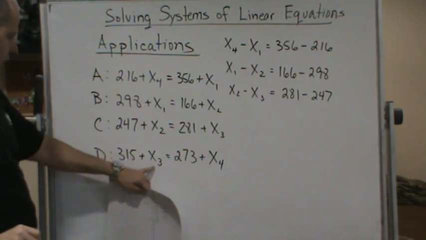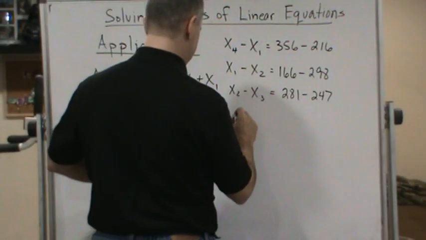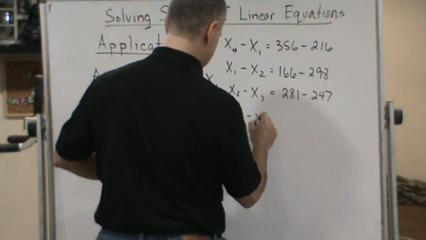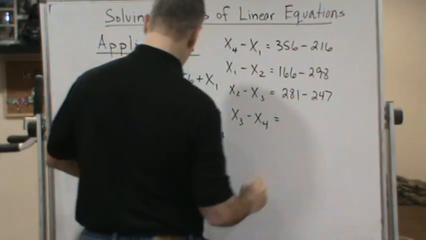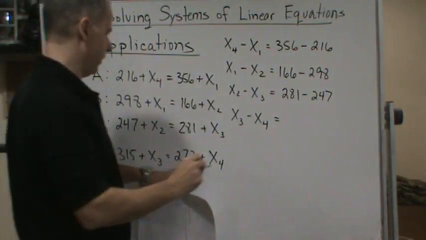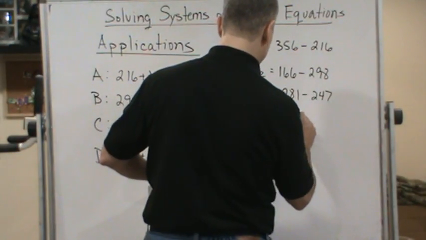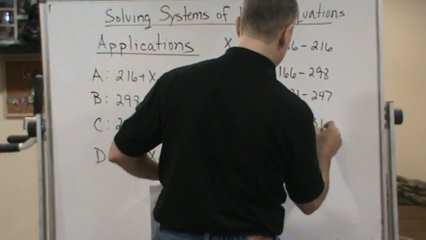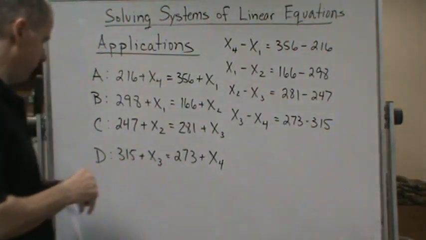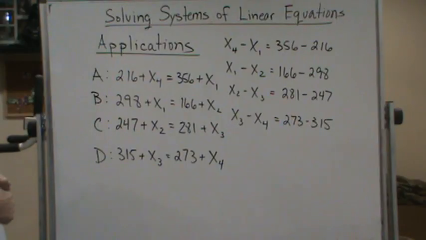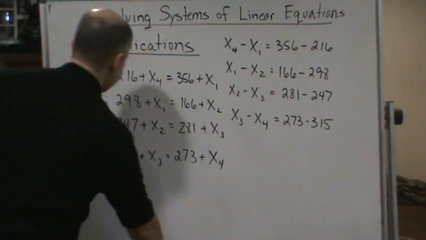And the last one's going to give me X3 minus X4 is going to give me 273 minus 315. All right. So all I did was move the variables all to one side and the constants to the other.